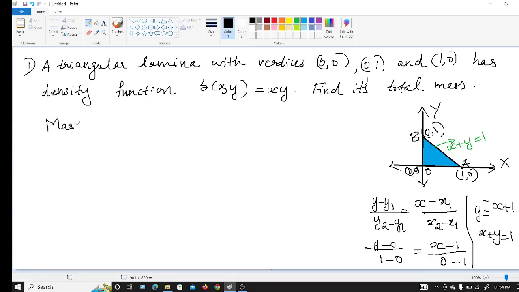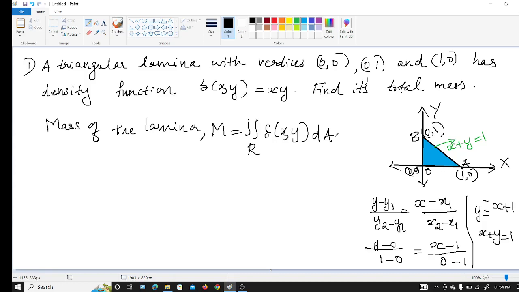The mass of the lamina is equal to the double integral over R of delta(x, y) dA. Now delta(x, y) is given as xy, so this is the double integral of xy dA.